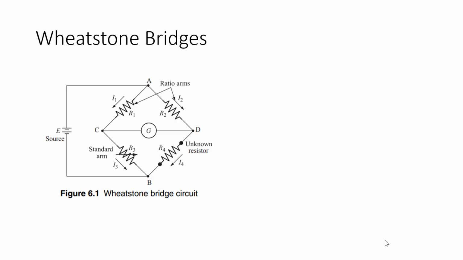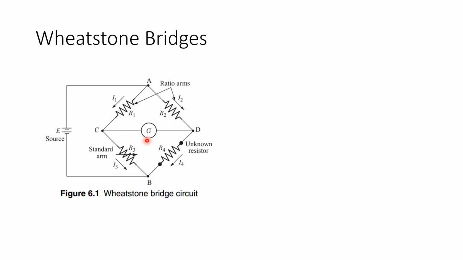We can see from this figure that the Wheatstone bridge circuit consists of 4 resistors, R1, R2, R3 and R4. R1 and R2 are the ratio arms, and then there are currents I1 and I2.